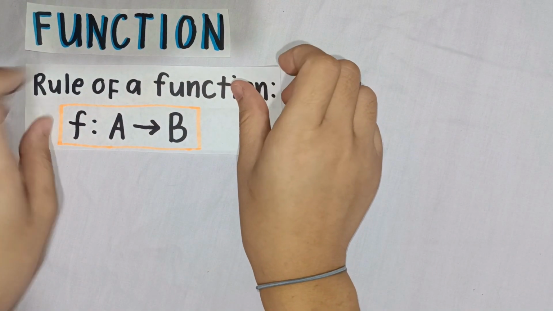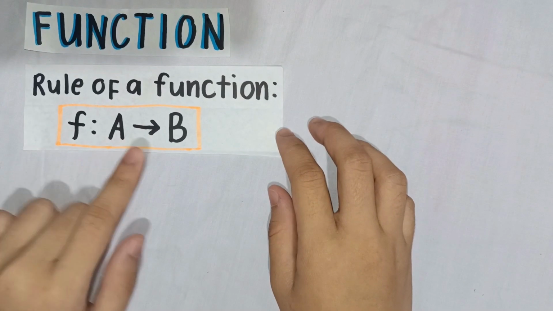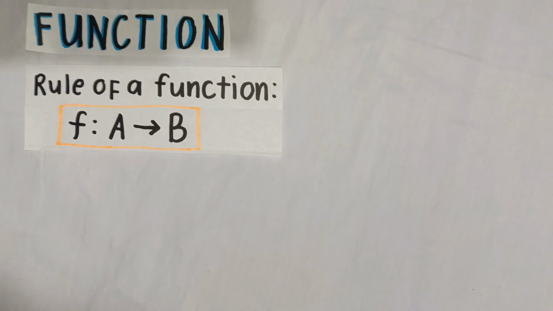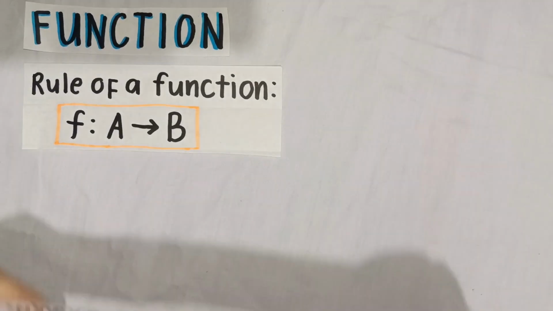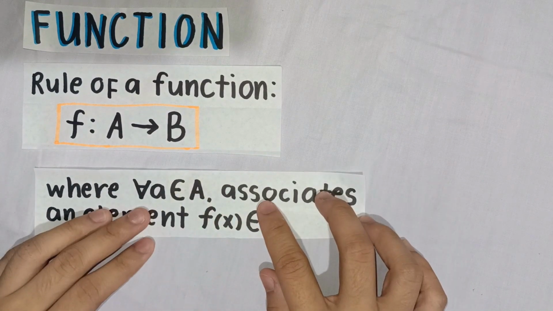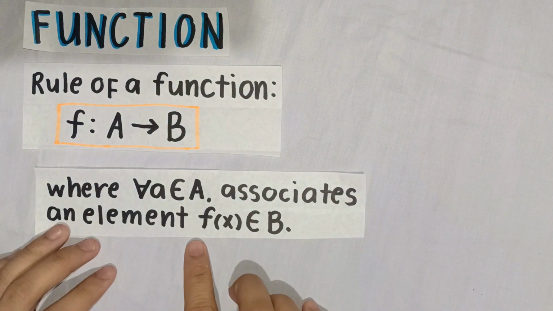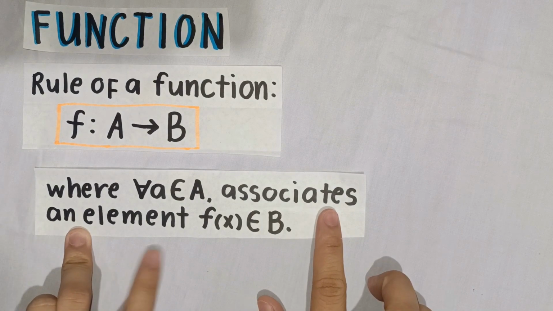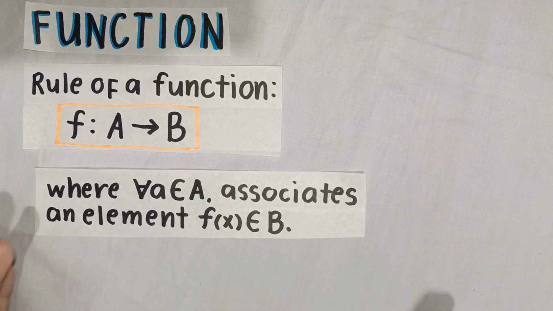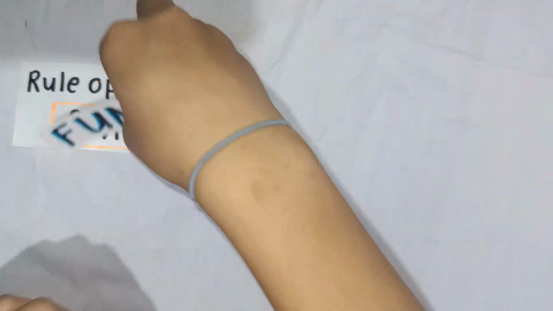With those ideas, we will get the function or the rule of a function f such that A implies B. This means that for all x in set A, it associates an element f(x) in set B. So we already know the idea of a function.